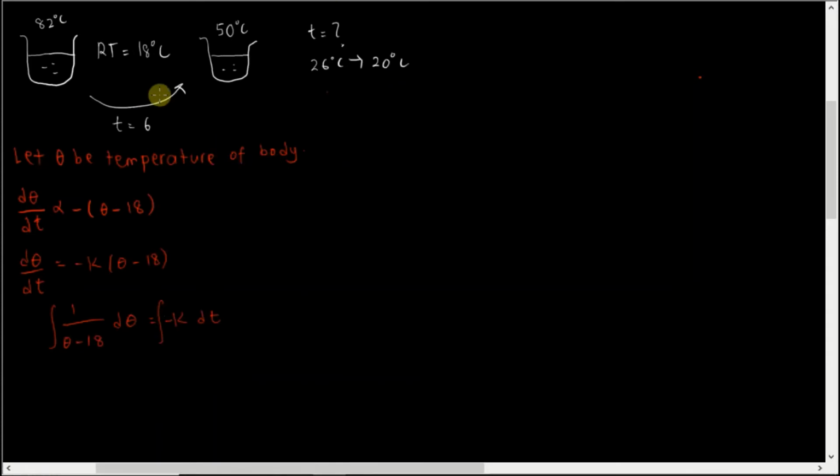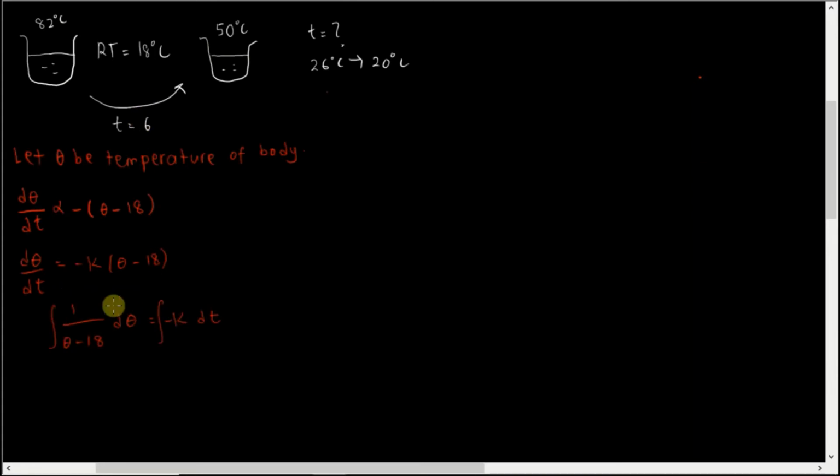But since they give you this condition, that in 6 minutes the water goes from 82 to 50, and we see that in our equation the right side represents the time and the left side represents the temperature, actually we can put this temperature and this time as the lower and upper limits.